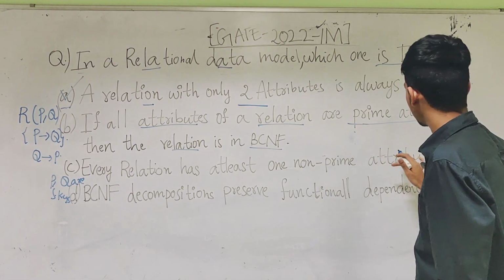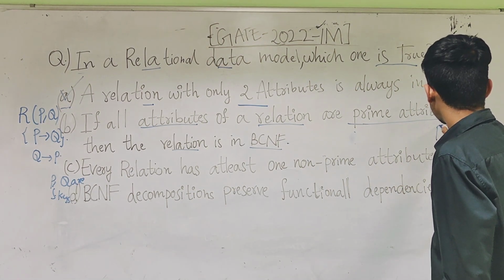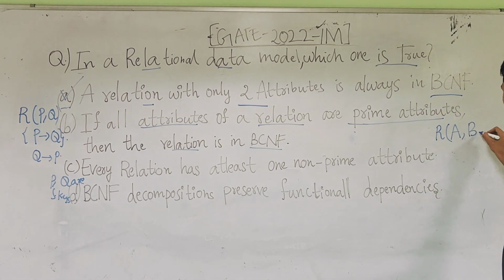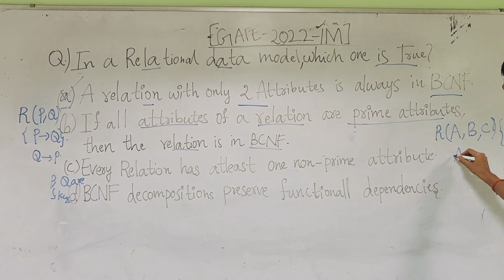Let us take an example for this one. I am taking R as a relation with attributes A, B, C. AB to C will be there, and we can get C to A also if this is the case.